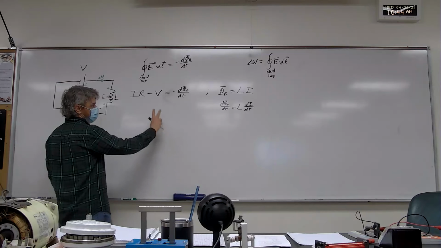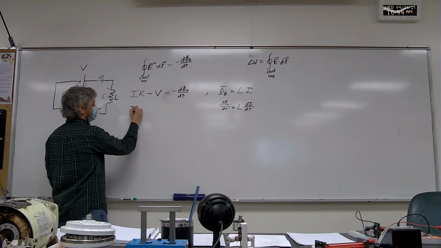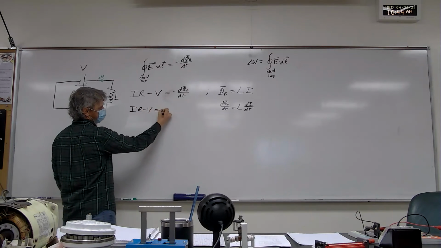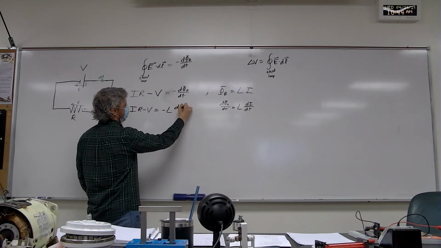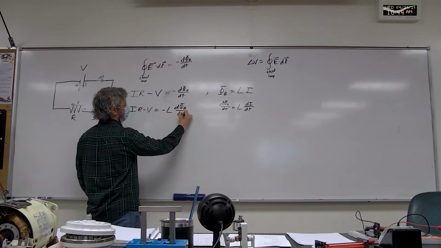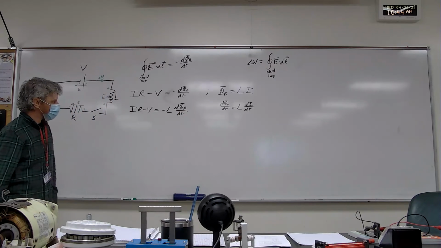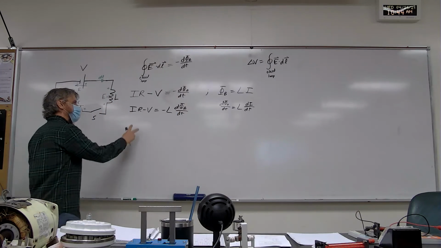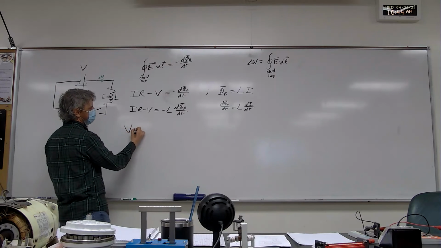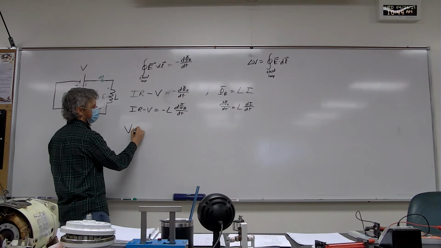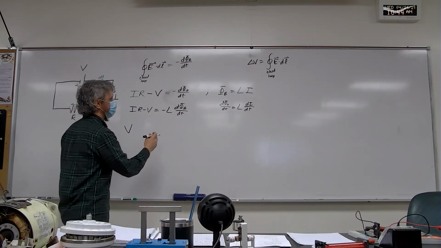And so I can rewrite this as IR minus V equals negative L di dt. And notice I can move everything to one side, in which case I can rewrite this as V. Should be negative L di dt, not d phi dt.